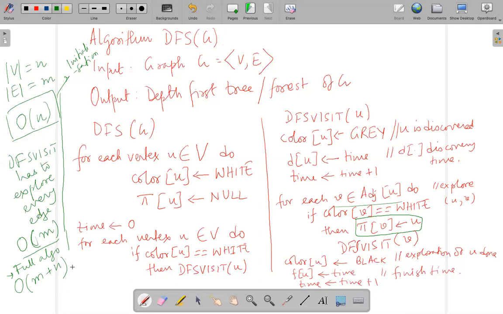So a DFS algorithm takes order m plus n time. So this is order m, as we said, and the initialization is order n.